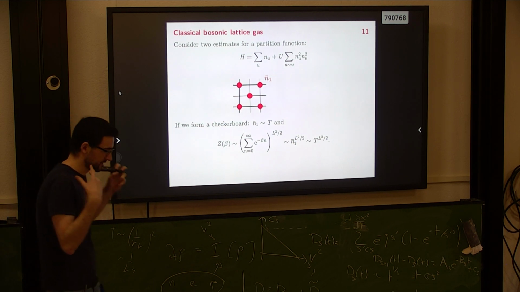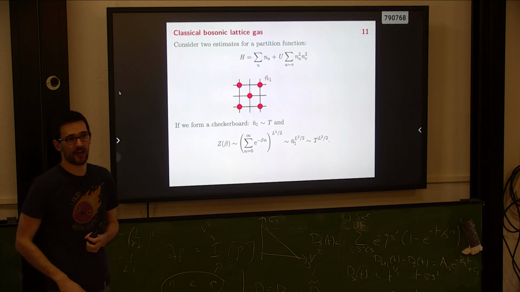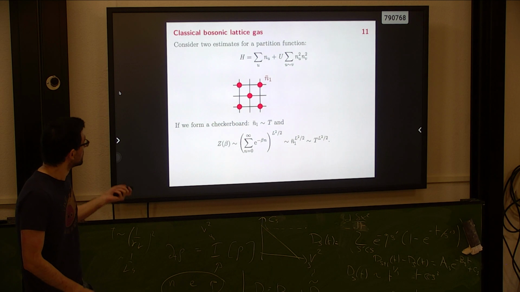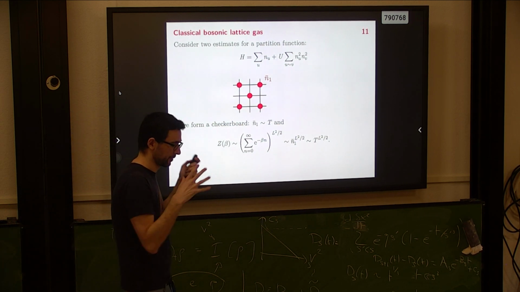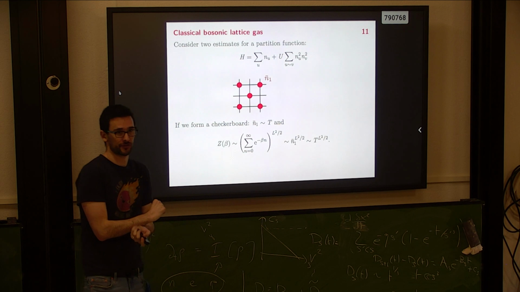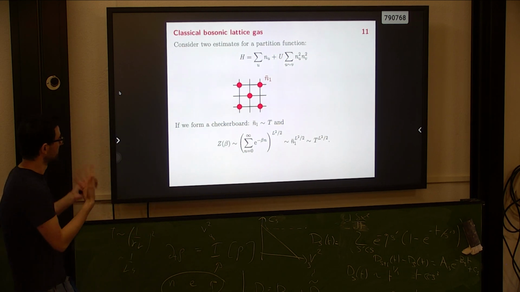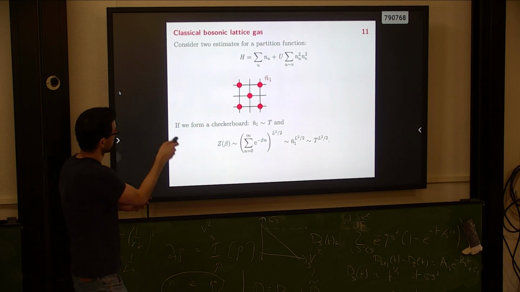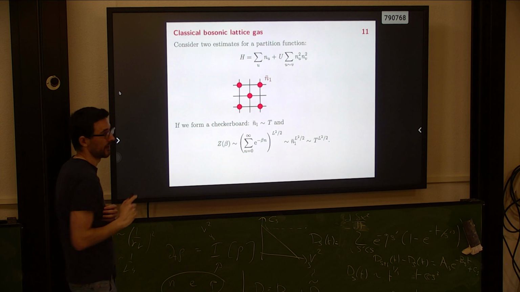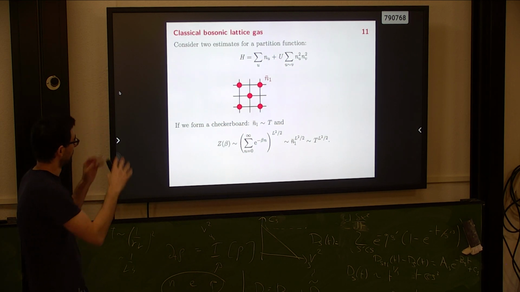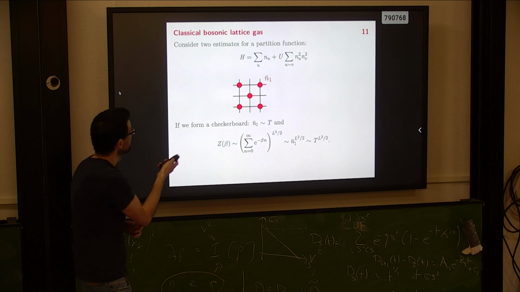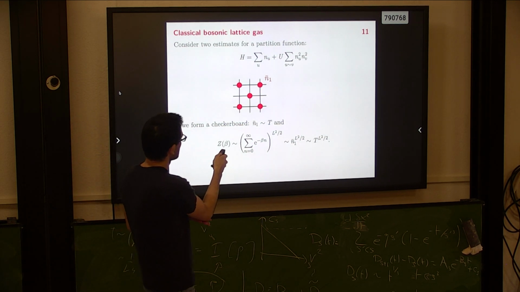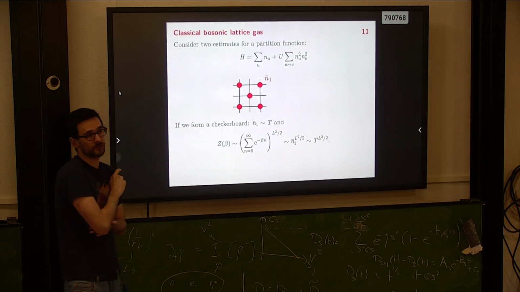I think this is the simplest argument to understand how this orders at high temperature. At high temperature, think about 2 different potential phases that contribute to the partition function. One of them is the checkerboard phase, the solid, where every other site on the lattice is occupied, but all the ones on the other sublattice are empty. And because one of the sublattices is empty, this U term just drops out.